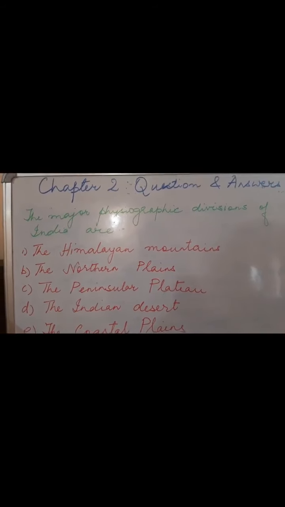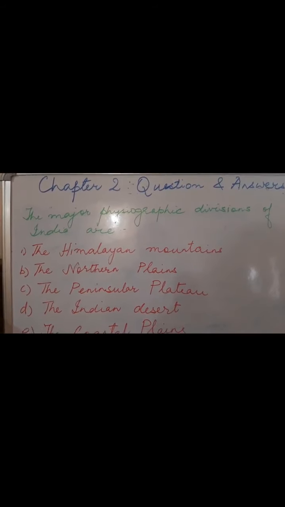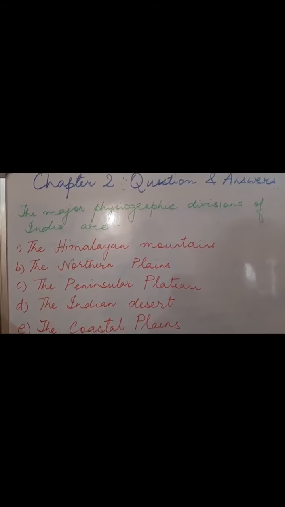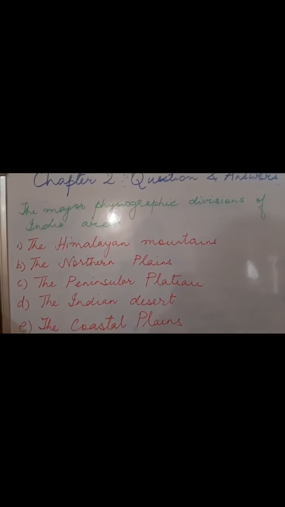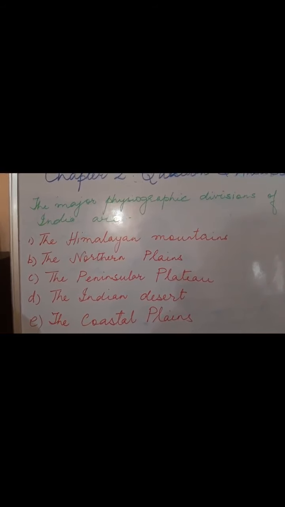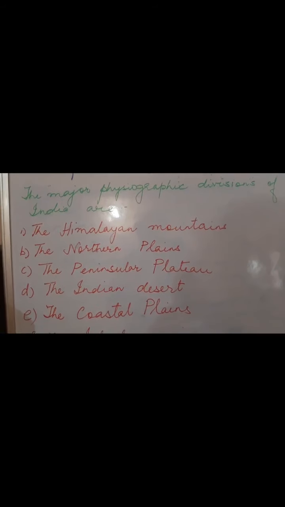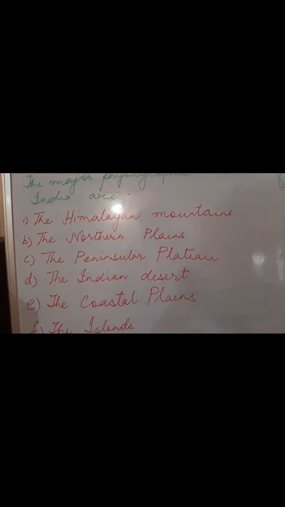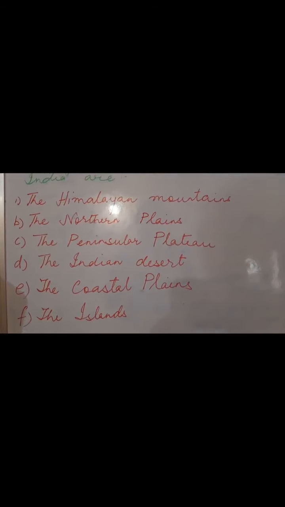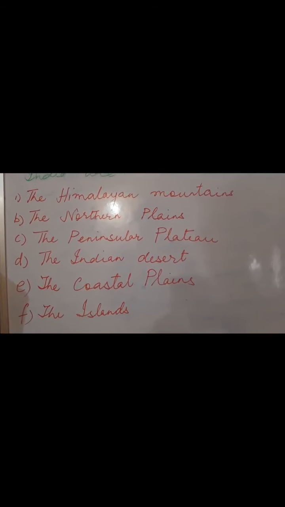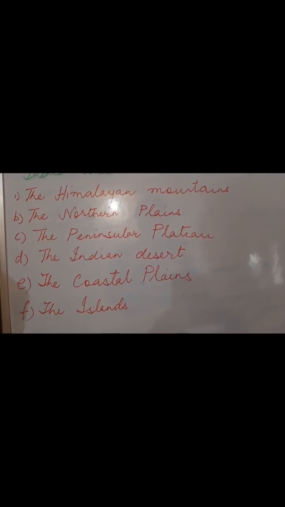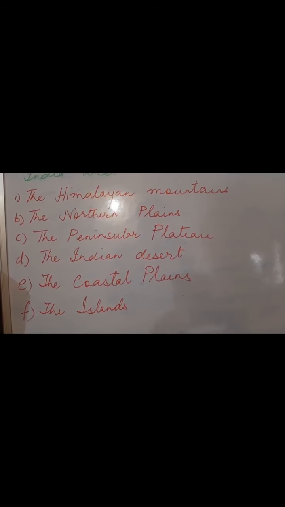So the answer will be, the major physiographic divisions of India are: first, the Himalayan mountains; second, the northern plains; third, the peninsular plateau; fourth, the Indian desert; fifth, the coastal plains; and the last one, the islands. So I am again repeating children: the Himalayan mountains, the northern plains, the peninsular plateau, the Indian desert, the coastal plains, and the islands.